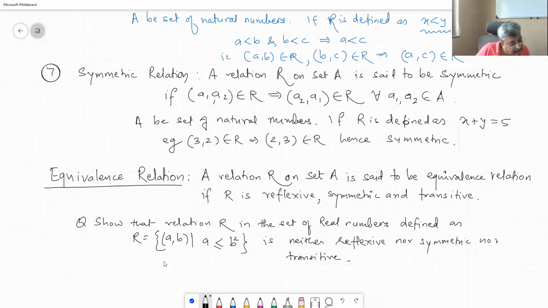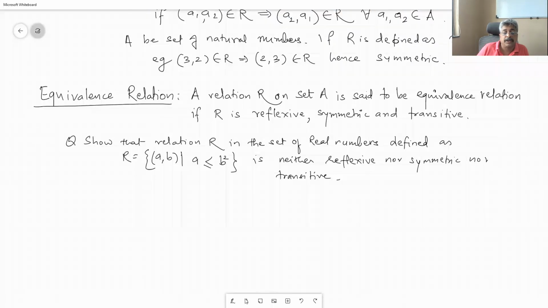Do I have any example where an equivalence relation can be shown? Yes. Now it is easy to prove that. Question 2.